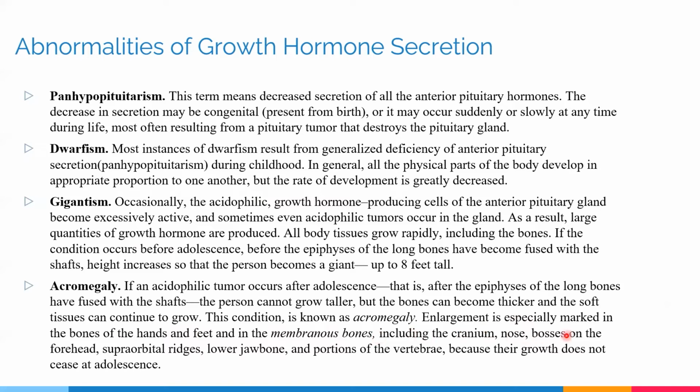Enlargement is especially marked in the bones of the hands and the feet and in membranous bones, including the cranium, nose, bosses on the forehead, supraorbital ridges, lower jawbone, and portions of the vertebrae, because their growth does not cease at adolescence, and thus the increased release of growth hormone can affect these bones.